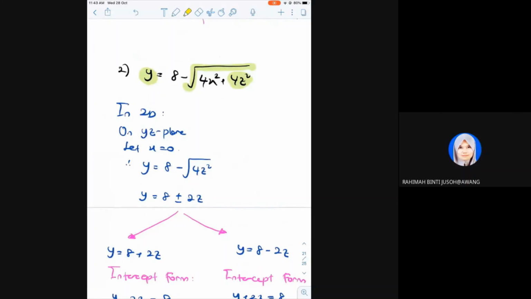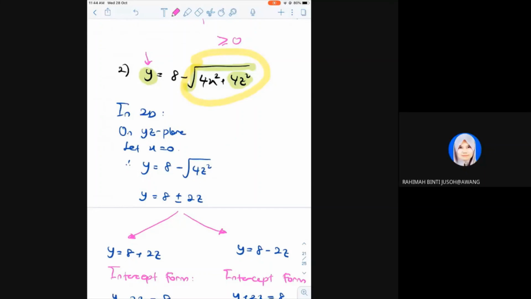Secara logiknya, kalau you tengok equation dia ni, nilai dalam ni mestilah greater or equal to 0 kan? Betul tak? So memandangkan dia lebih besar atau sama dengan kosong, nilai Y ni boleh lebih daripada 8 tak? 8 tolak nombor yang besar, dia takkan lebih daripada 8 kan?